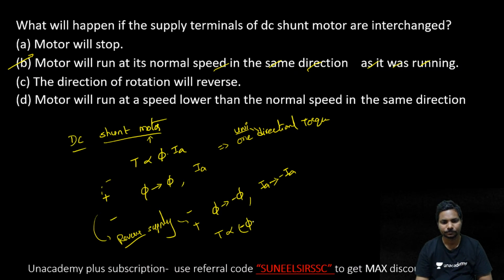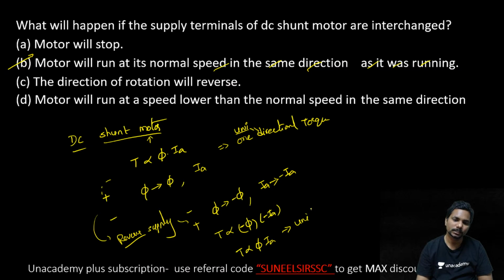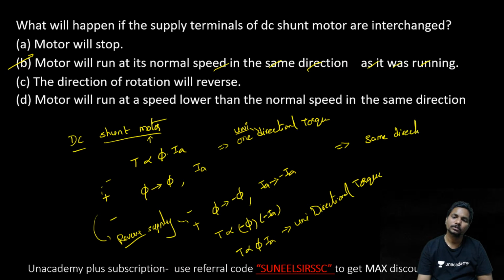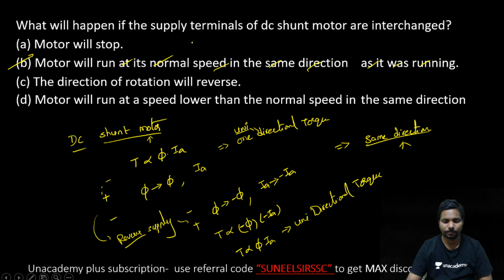Minus phi into minus Ia. So torque is again proportional to phi into Ia only. So again you are getting a unidirectional torque, in the same direction. So the answer is option B.